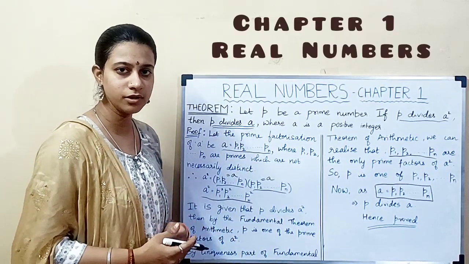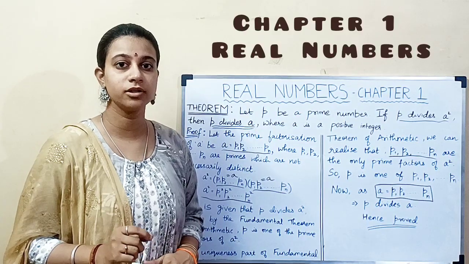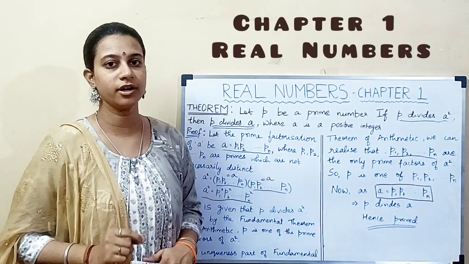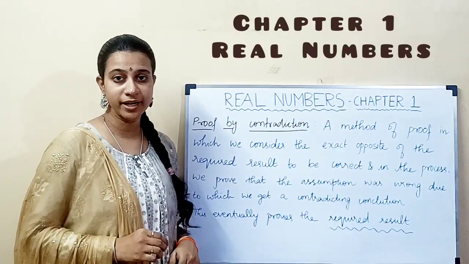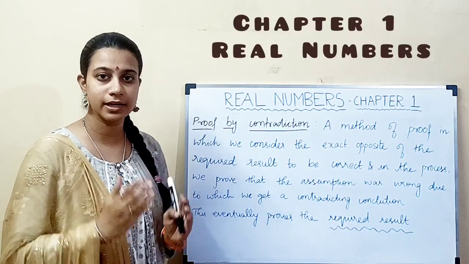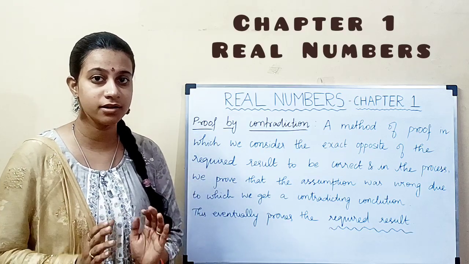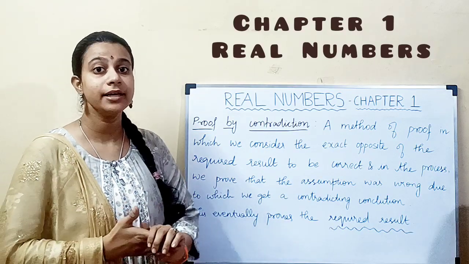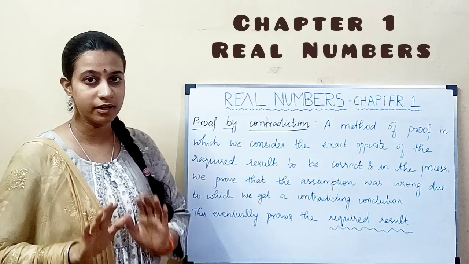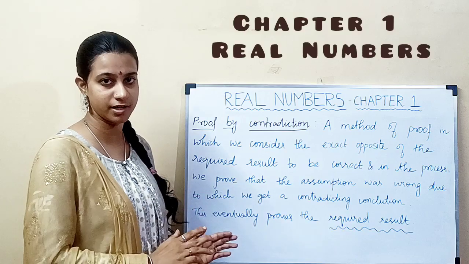Now we will move on to the next topic, in which we are going to discuss the proof by contradiction method. This is a method in which, in the proof, we consider the exact opposite of the required result to be correct, and in this process we eventually get a contradicting result, which will not match our assumption.